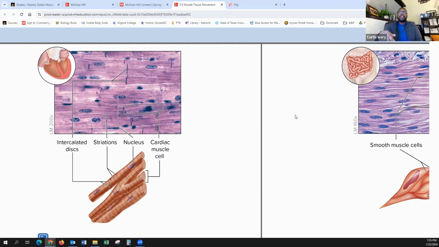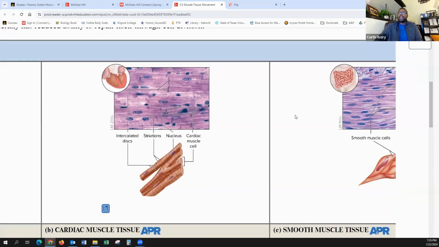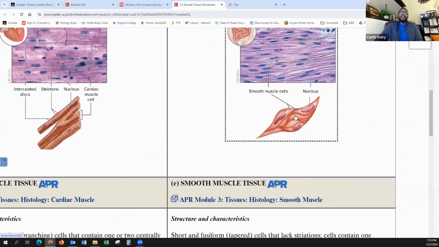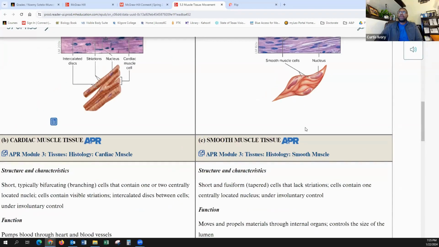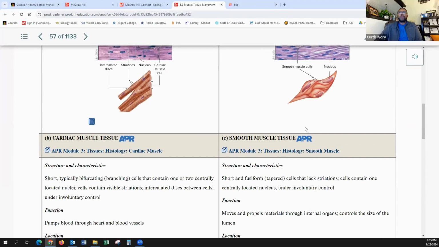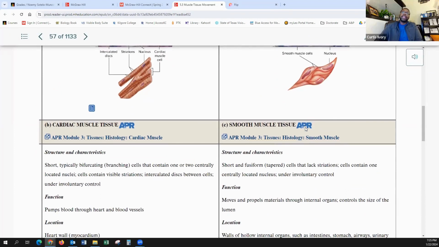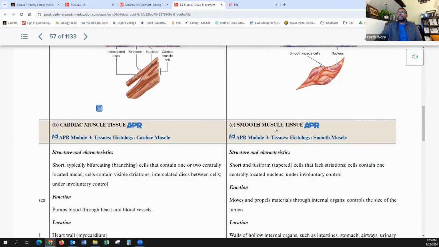But involuntary are things that we cannot control. So we cannot tell our stomach to contract or start digesting. We can't tell our intestines to digest. Those are controlled by our brain where we can't control it. We can't tell our stomach, okay, start digesting now. Nope, we can't say that. The only thing we have control over is really skeletal muscle.